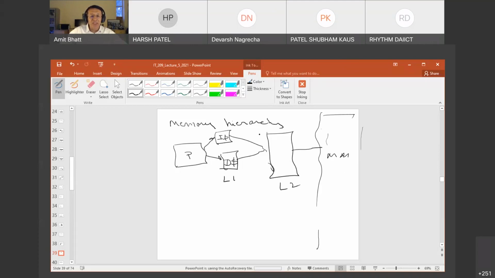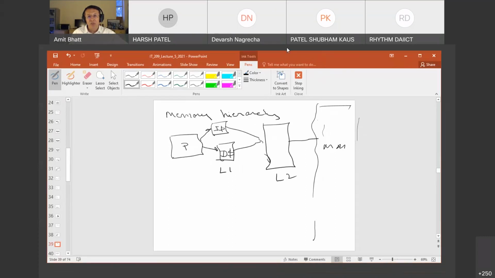And, as a rule of thumb, we say that if you find the instruction in the instruction cache or data in the data cache, you don't have to lose anything. You can just get the answer in just one cycle. So, that is great. That is what you require.